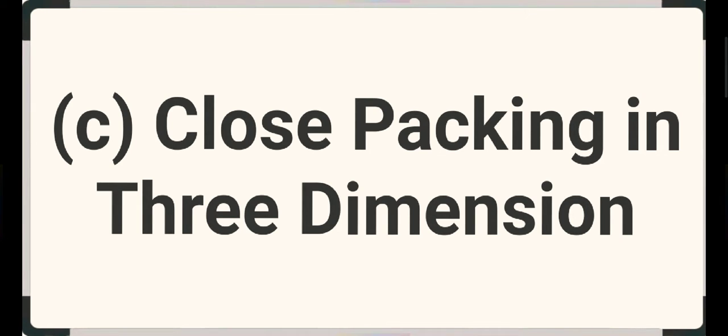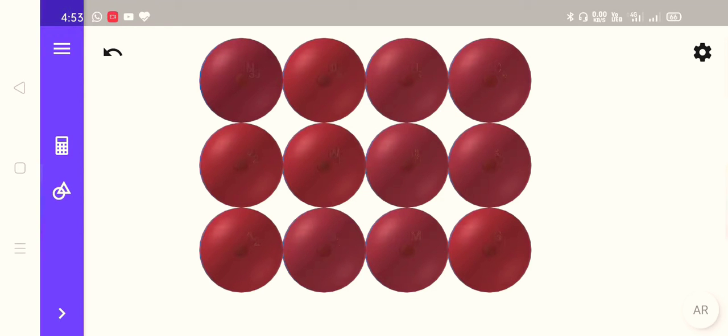First of all, let us discuss 2D square close packed layers in 3 dimensions. So here we have a square close packed layer. When this 2D square close packed layer is repeated, you will get a 3D close packed structure.